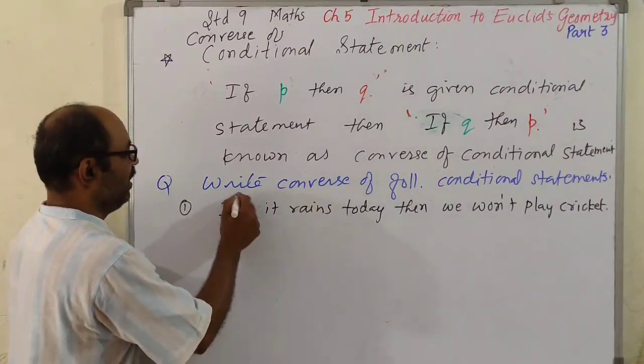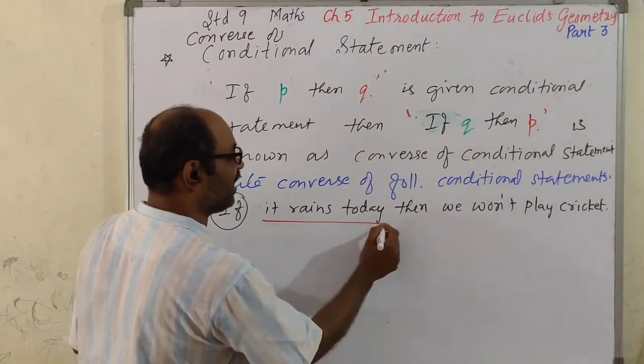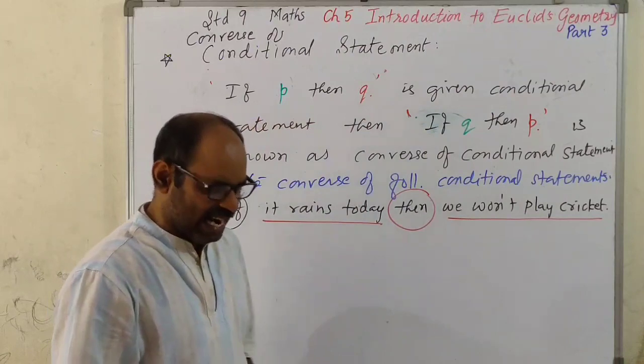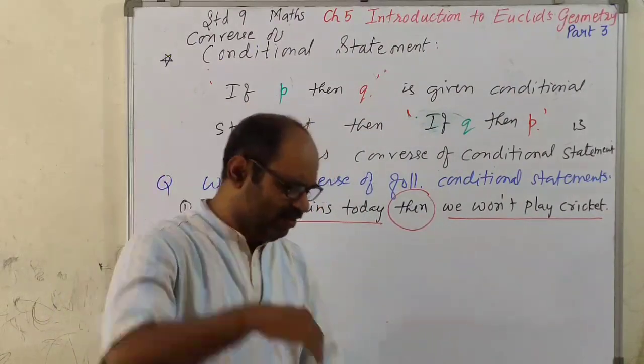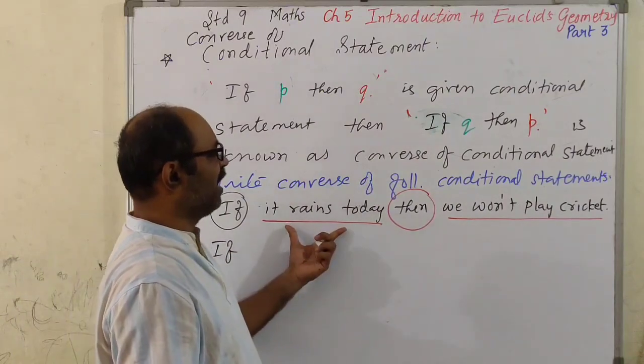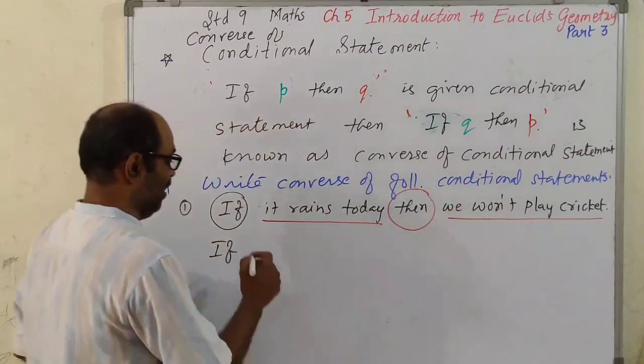Let's find out. If this is condition, then this is consequent. Alright? We have to simply write the converse. Okay. So if in place of condition, I'll pick up consequence and place here.